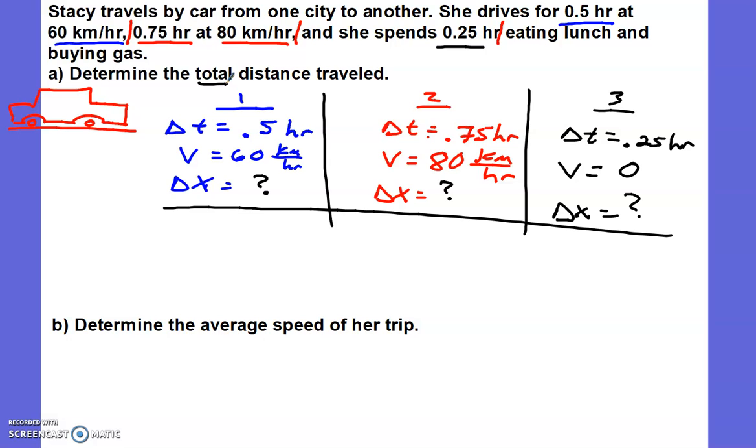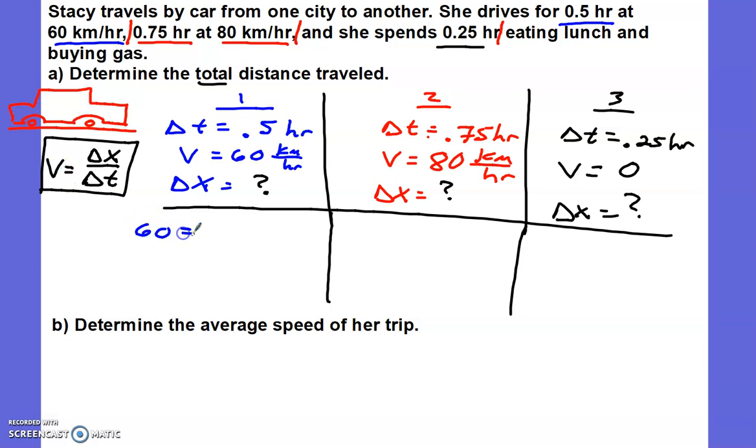To get the distance, we're going to use our equation. Our equation must have t, v, and x in it. So here's our equation over here. I'm just going to write that once, because I'm going to use the same equation in all three parts. In the first part, my v is 60. My x is unknown, so I'll leave that as a variable.